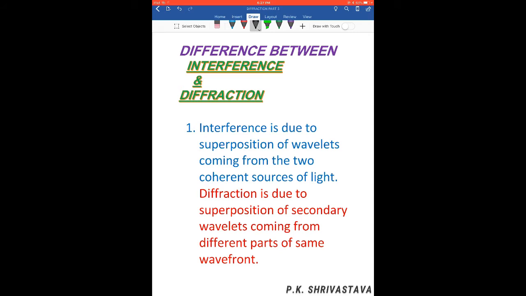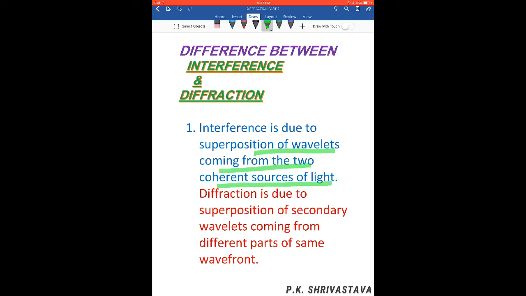You have studied interference and diffraction in detail. So there are some differences between these two phenomena of light. First one is, interference is due to superposition of wavelets coming from two coherent sources of light.